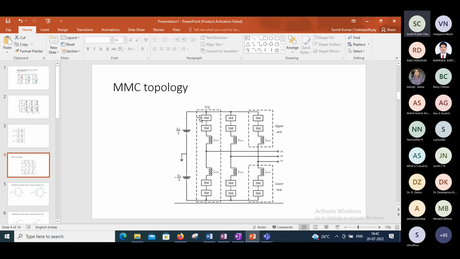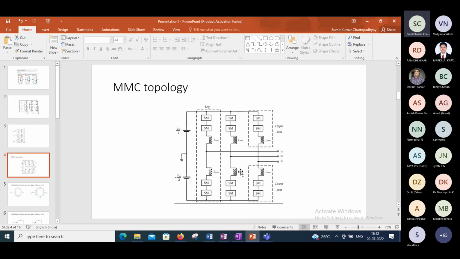And in such a case, the same output could have been managed with a cascaded H-bridge. When this DC link is open or unutilized, MMC is nothing but a combination of two parallelly connected cascaded H-bridges. So how it will be, that again I'll discuss later.